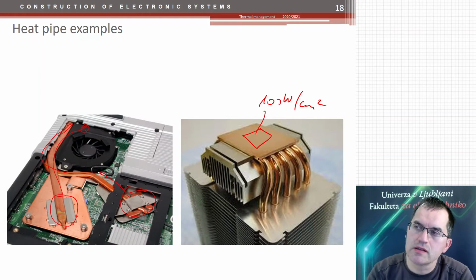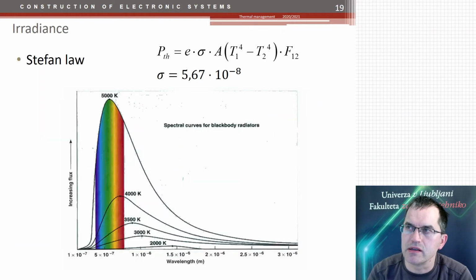Now, the third principle is the irradiance. As you all know, the Stefan law is describing the irradiance heat transfer. And here, the best thing is that it's very dependent on the temperature. The exponent of 4 makes this irradiance a really effective heat transfer at high temperatures.